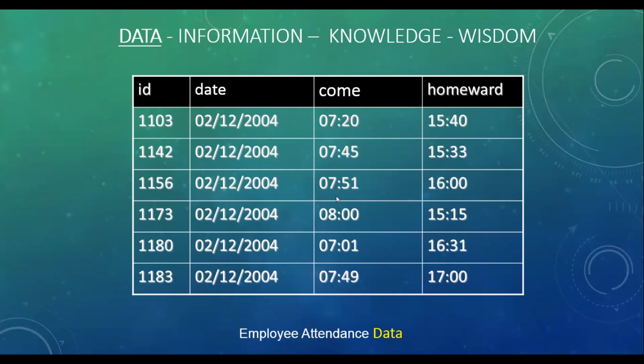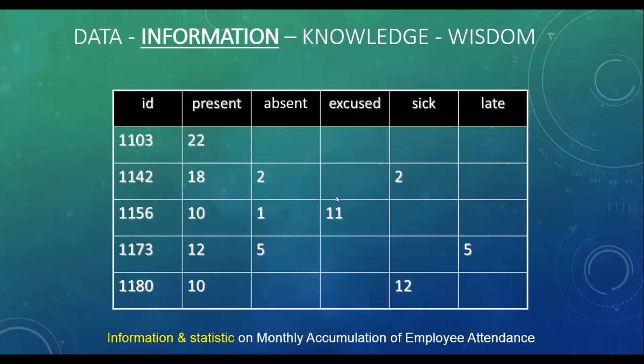Okay, and next, now I will show you more tables. This table has information and statistics on the monthly accumulation of employee attendance. It means that the information is compiled data that has meaning. From this table we know that the good worker is ID 1103.